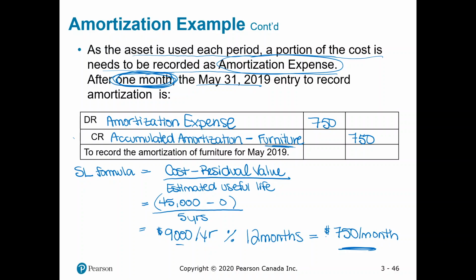And another way that you could have done this is to say 45,000 minus 0, but now if we divide it by 60 months, which is 5 years, that also gets us $750 per month. So just another way to get there if that helps you as well.